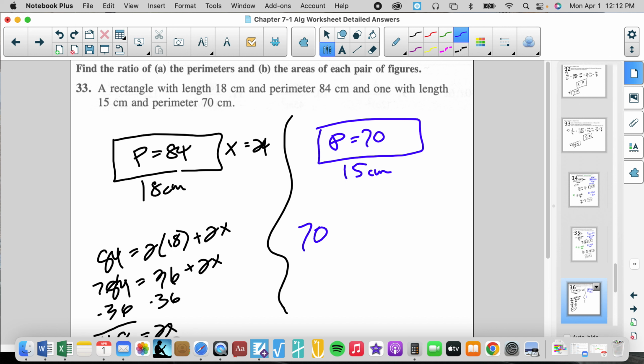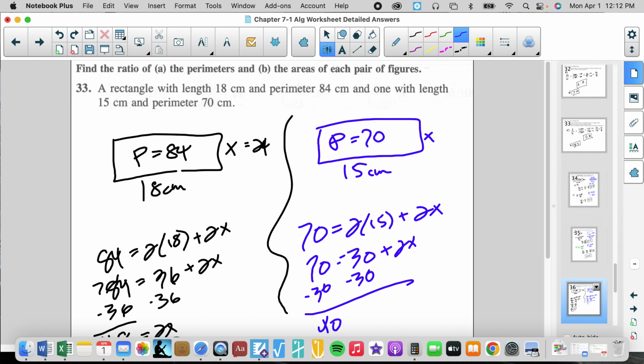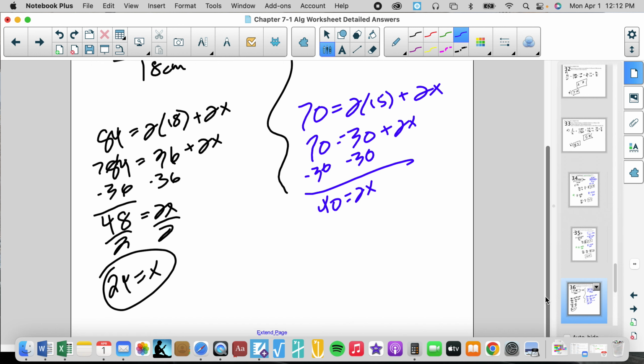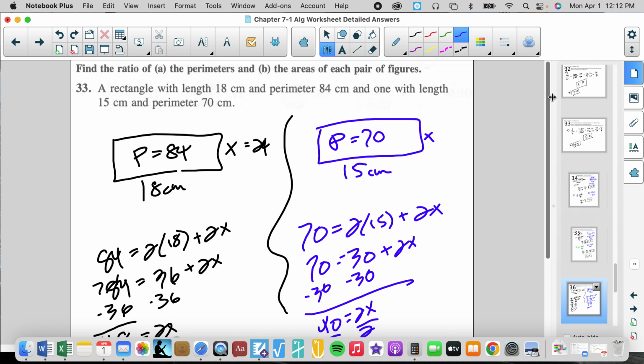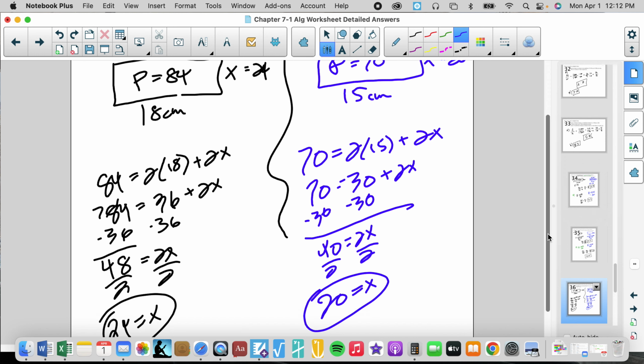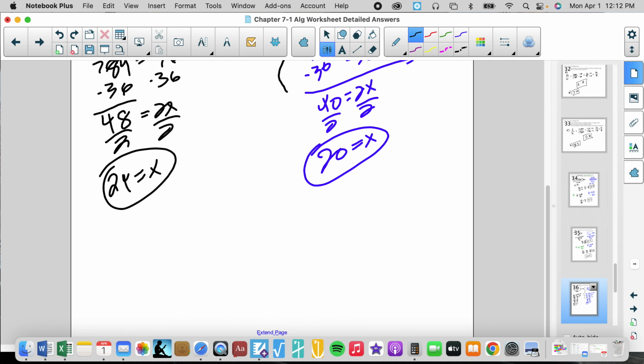So 70 equals 2 times 15 plus 2 times x. 70 equals 30 plus 2x, minus 30. 40 equals 2x. Divide by 2. 20 equals x. So this is 20 centimeters, but for perimeter, we can just do 84 over 70. So we didn't have to do any of that.